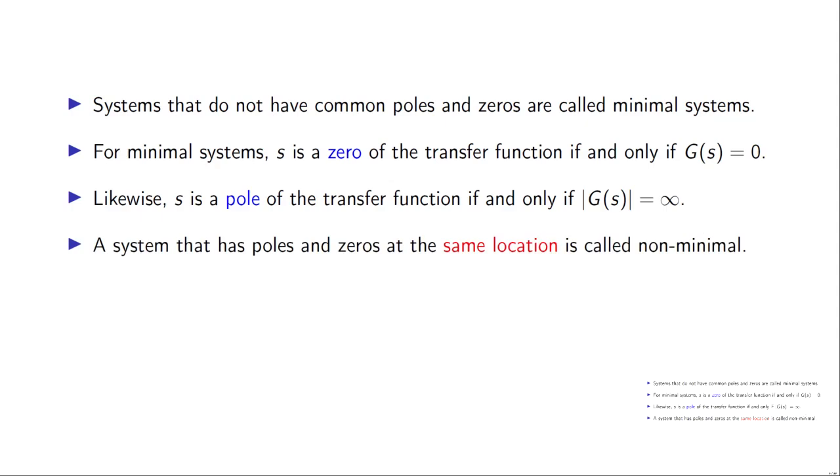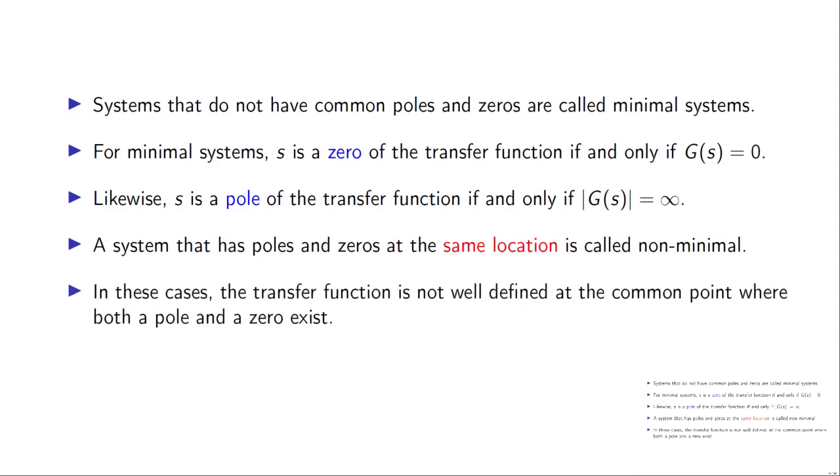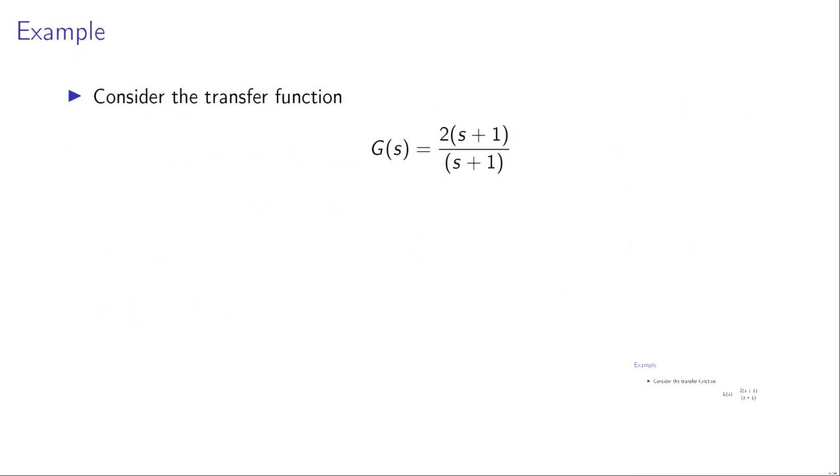A system that has poles and zeros at the same location is called a non-minimal system. Then you can find a minimal representation for a non-minimal system, and we will see this in a minute. In this case, the transfer function is not well defined at the common point where both a pole and a zero exist. So you have a pole and a zero in the same place.